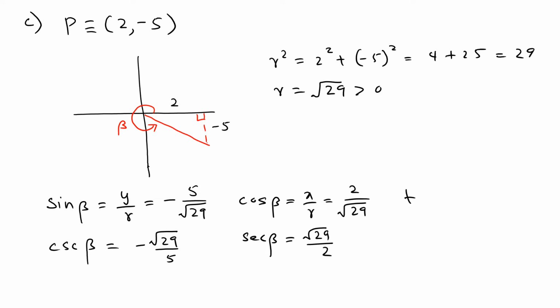And then tan beta, y over x, which is negative 5 over 2, and then cotangent beta, which is negative 2 over 5. Okay, so let's go to the next question. In the next question, we're going to find various trigonometric ratios for different angles.